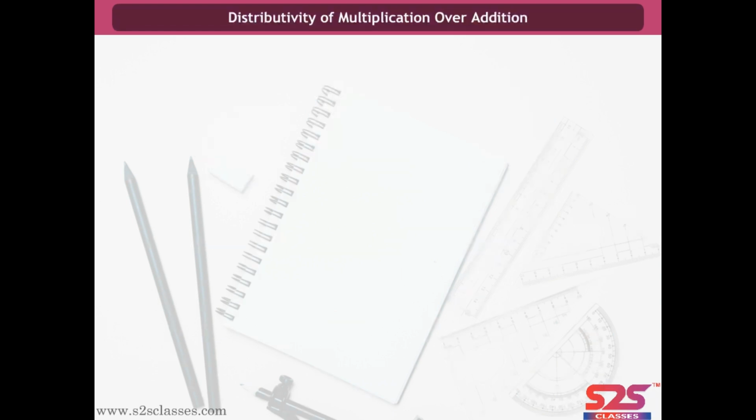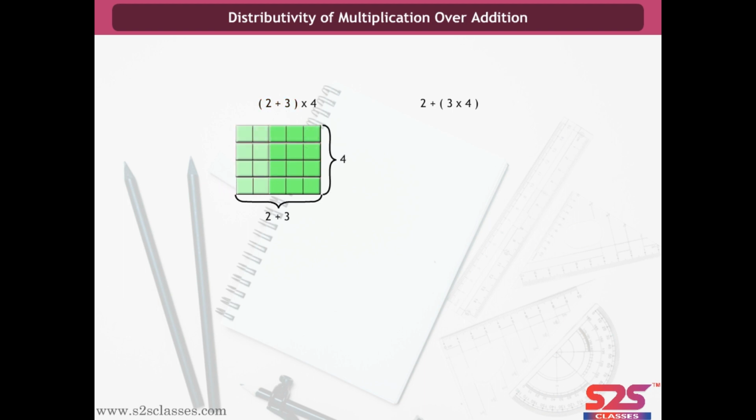Distributivity of multiplication over addition. Let us simplify the expressions (2 plus 3) into 4 and 2 plus (3 into 4). In the first expression, we add 2 plus 3 and then multiply the result by 4.